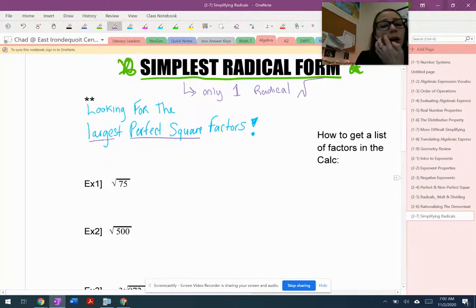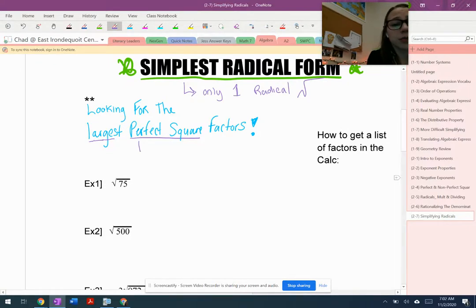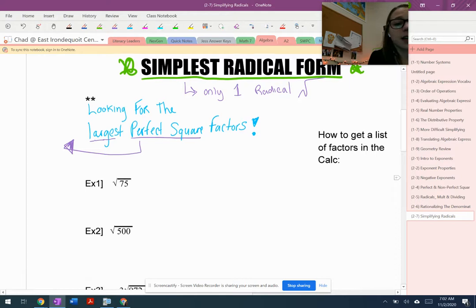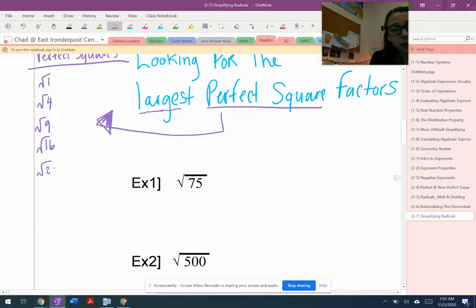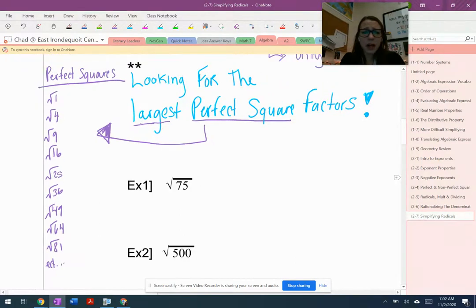So when we talk about those perfect squares, I'm going to draw a list of them right off to the side. These are perfect squares. Square root of 1, square root of 4, square root of 9, square root of 16, square root of 25, square root of 36, square root of 49, square root of 64, square root of 81, and so on and so on.